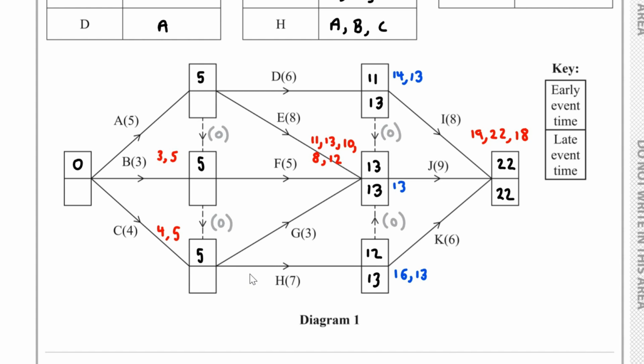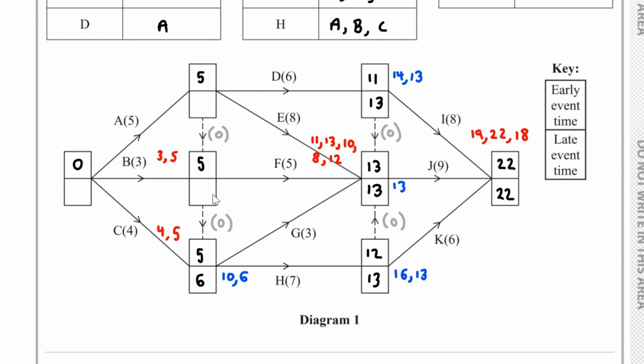So let's work backwards. So here we've got the 13, take away the 3, that's 10. And we've also got the 13, take away 7. This is 6. The smallest one, that's 6.